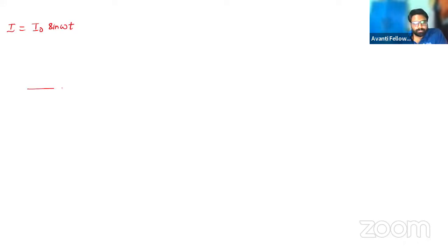So first of all, you need to make a plane with positive x axis and positive y axis, negative x and negative y. Clear? Now you need to draw an arrow of some length like this, and this length is nothing but the phasor of current.